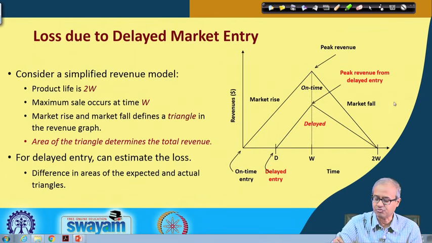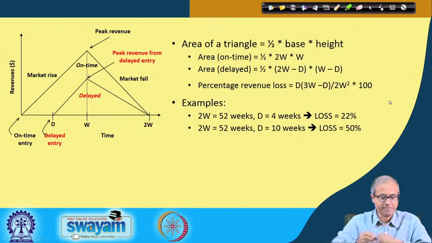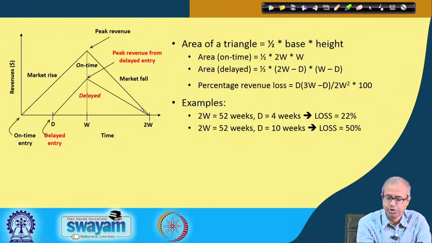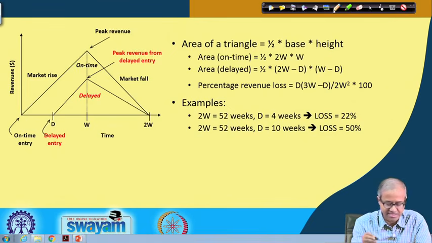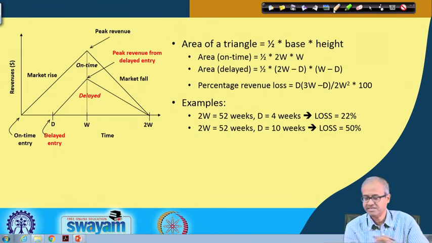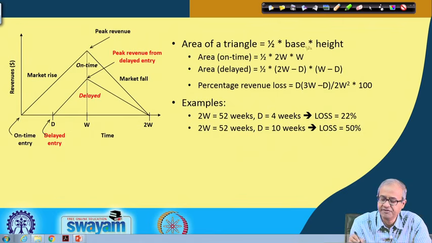Let us make a calculation. We show that same plot on the left. We know that the area of a triangle is half into base into altitude.